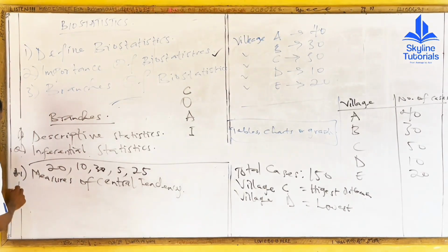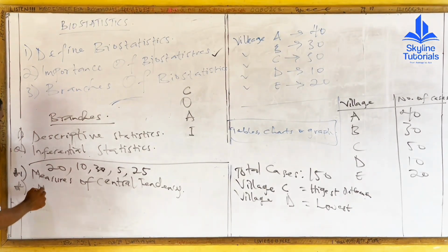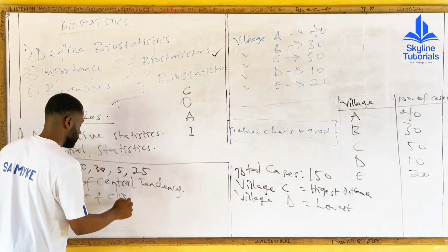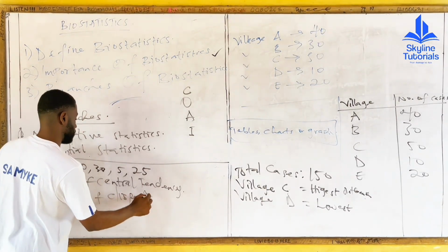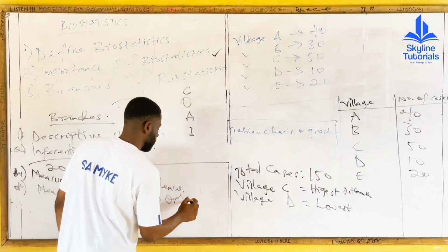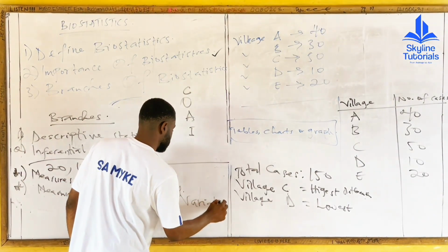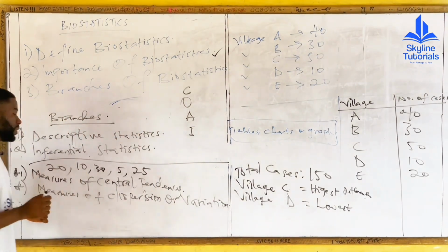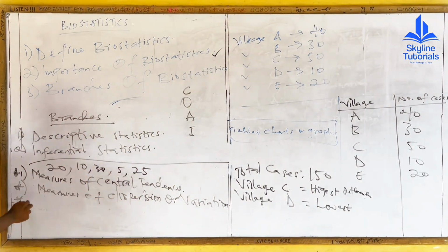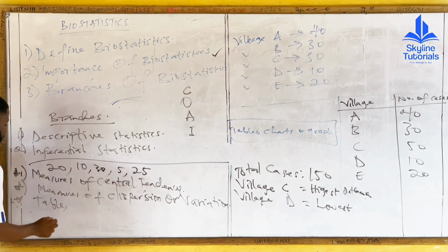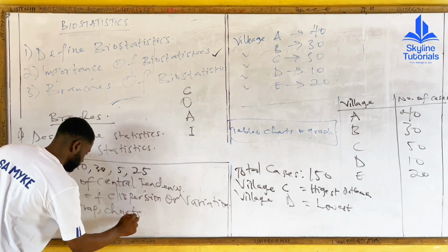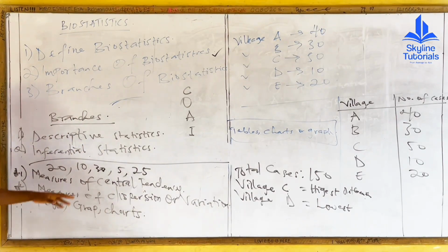The next we have is measures of dispersion, or variation. We can also use tables, graphs, and charts. So these are the tools that we use for descriptive statistics.